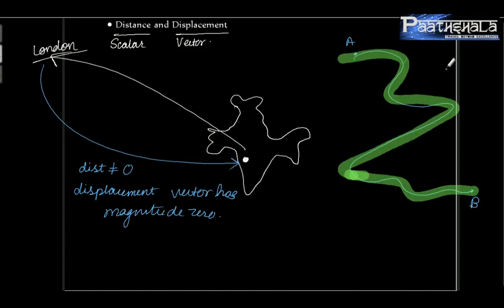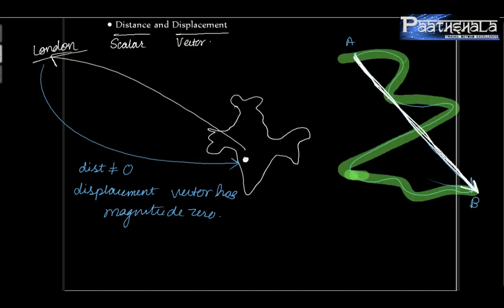But what is the displacement? Displacement is the vector that joins the straight line from A to B. Makes sense? It is that vector which joins the straight line segment starting from A and going to the point B. This is our displacement.